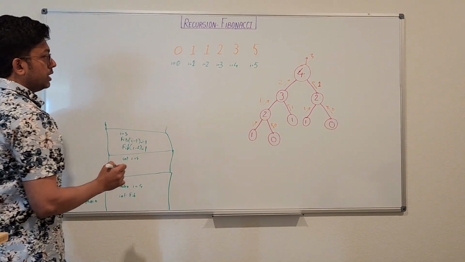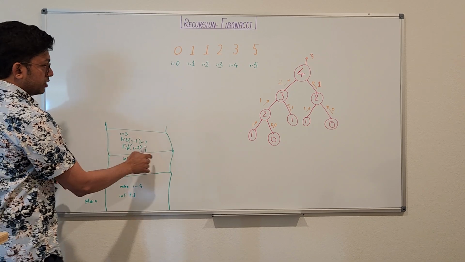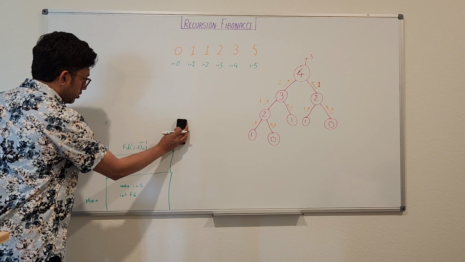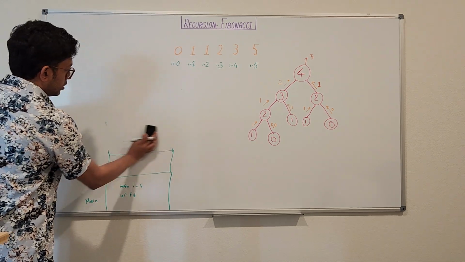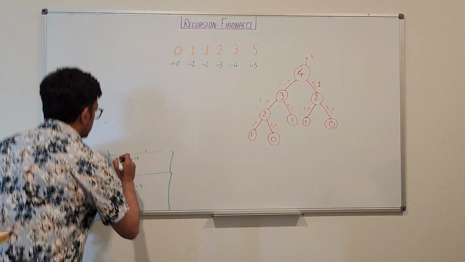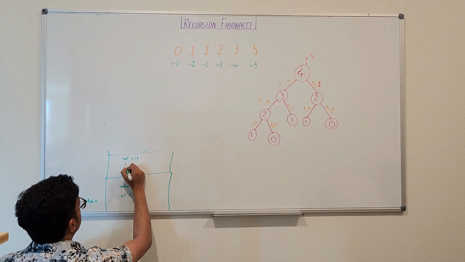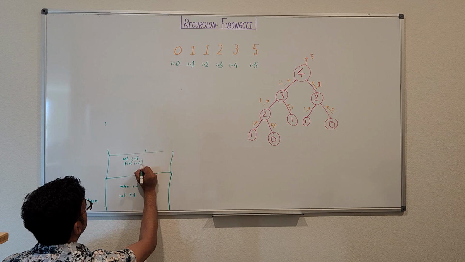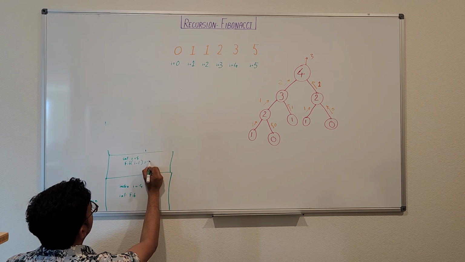Okay. Now this guy will add these two and return up, which is 2. 1 plus 1, 2. So it will return 2 there. So this guy will have fib of I minus 1 equal to 2.